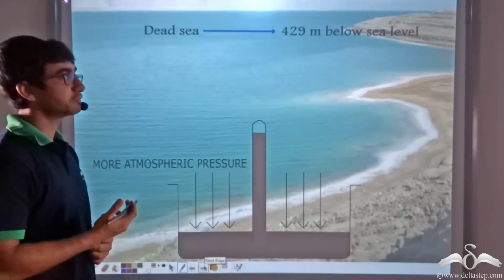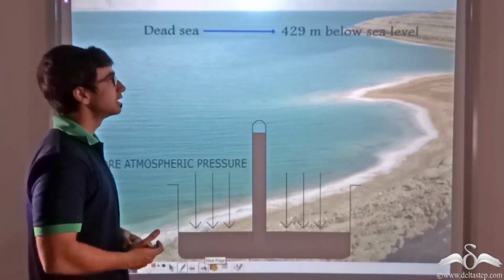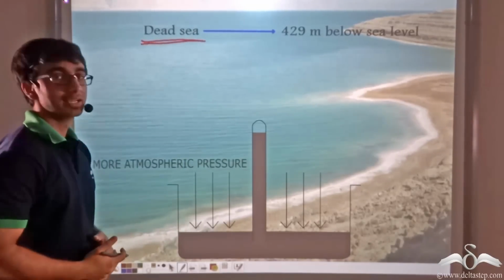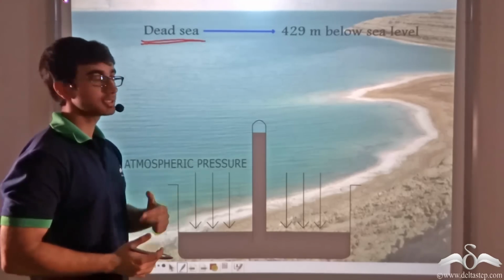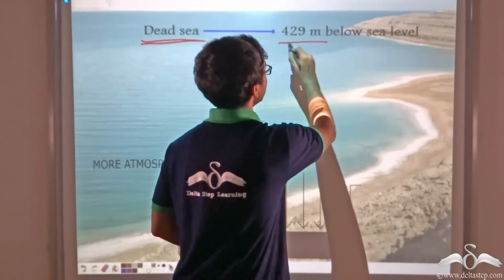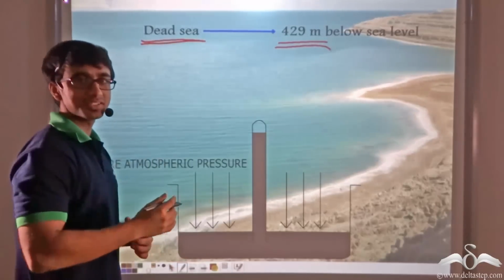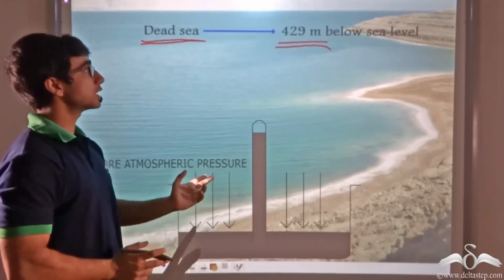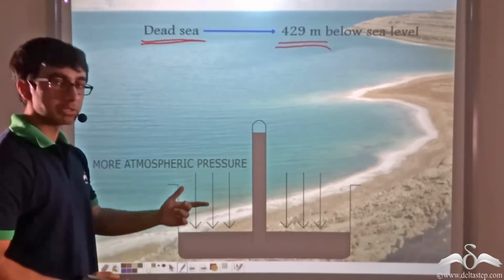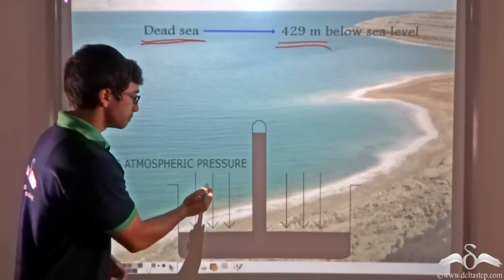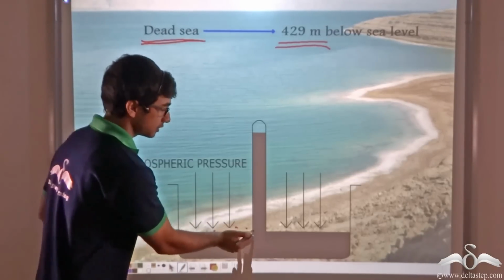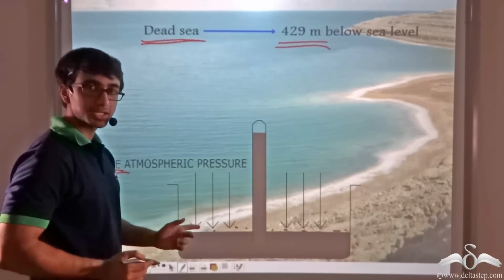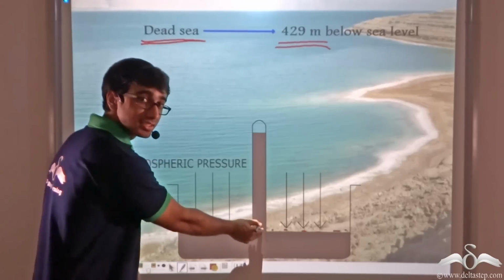The reverse happens if we go down below sea level. Now in this picture, we find that the Dead Sea has been shown. The Dead Sea is a sea on Earth which is actually 429 meters below sea level. Quite interesting, isn't it? That a sea actually exists below sea level. So if one were to go to the Dead Sea with a mercury tube barometer, the pressure exerted on the trough, on the surface of the mercury in the trough, would be more as compared to the pressure inside the tube.